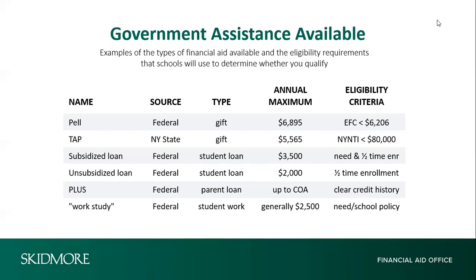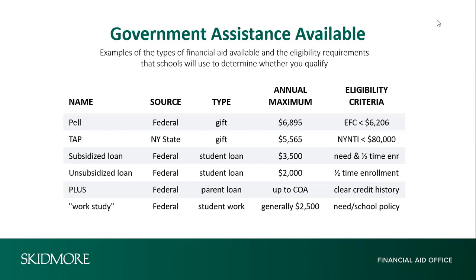Folks who get that $500 TAP, the range of income is between $50,000 and $80,000 in your New York net taxable income. So if your income is somewhere in there, the amount you'd qualify for in TAP if you're attending a New York State college would be $500 for the year.